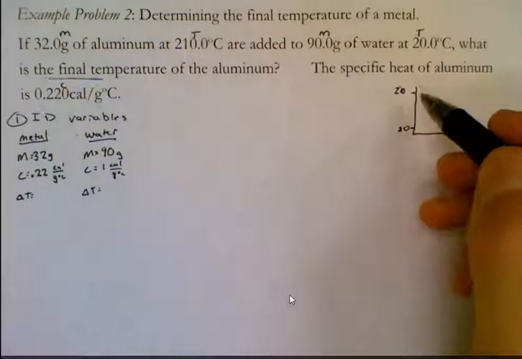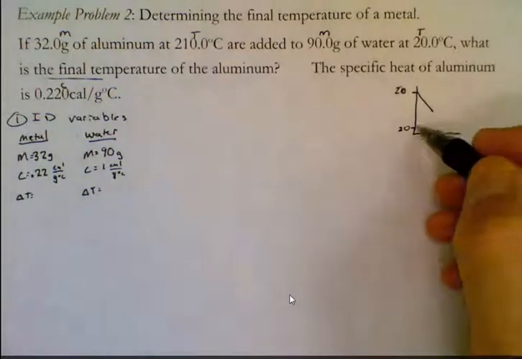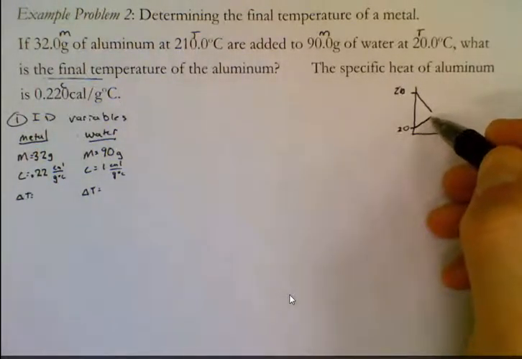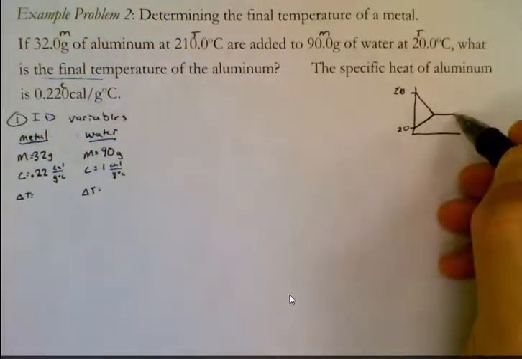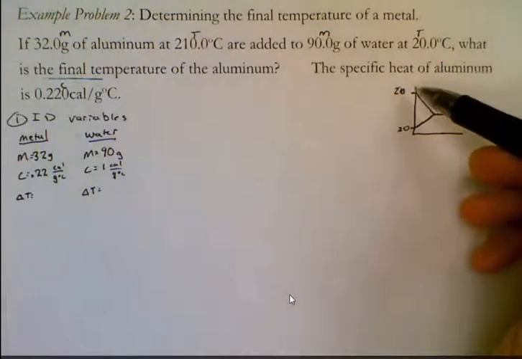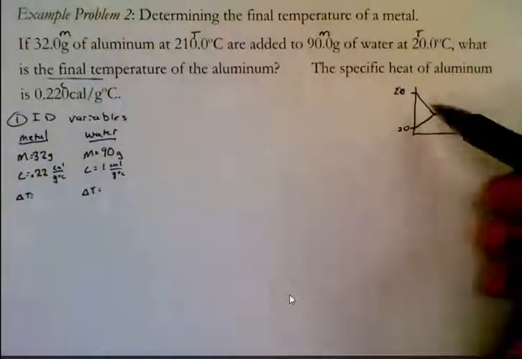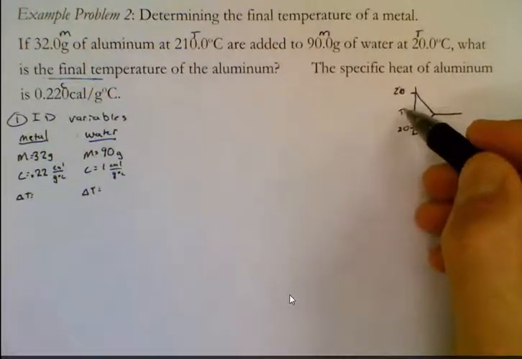The metal is going to cool down, and the water is going to heat up. And they're going to keep doing those respective processes until they reach the same temperature. Once they are the same temperature, heat can no longer be transferred. Remember that heat's transferred from the hot object to the cold object. This is the temperature we're trying to figure out.